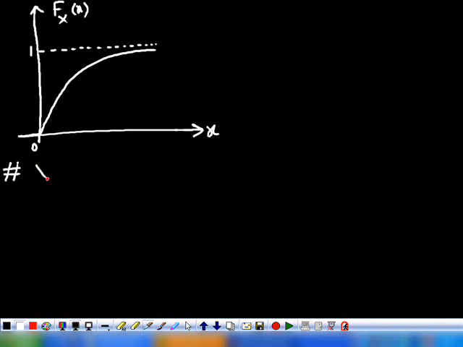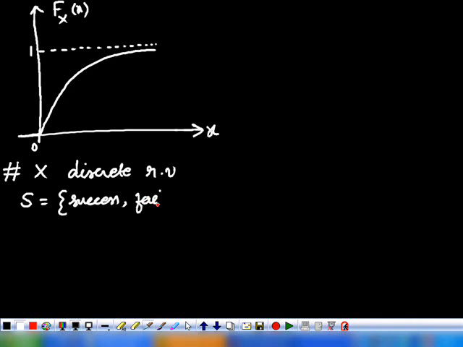So let X be a discrete random variable, and we performed an experiment in which the outcome may be success or failure. That is, in a particular sample space, we have two outcomes, success or fail.